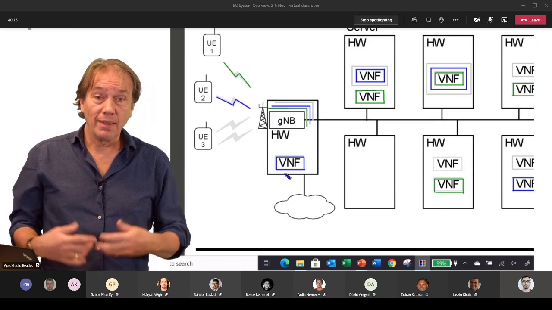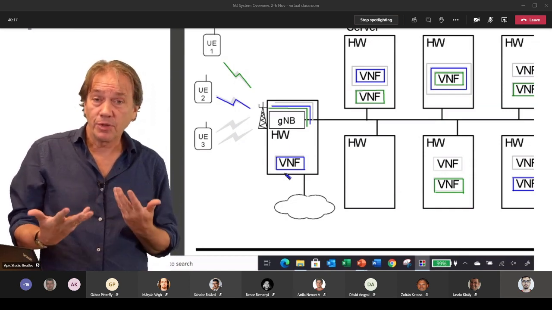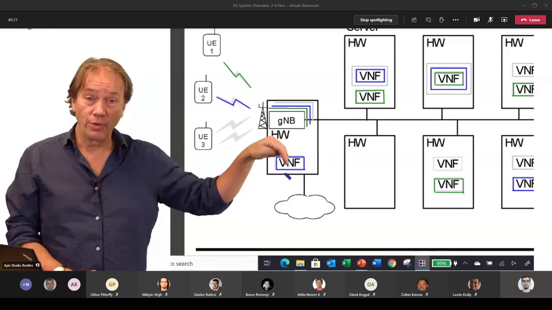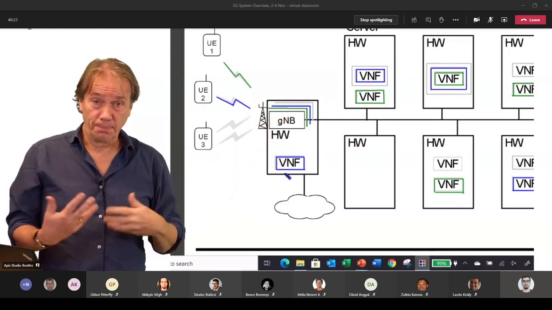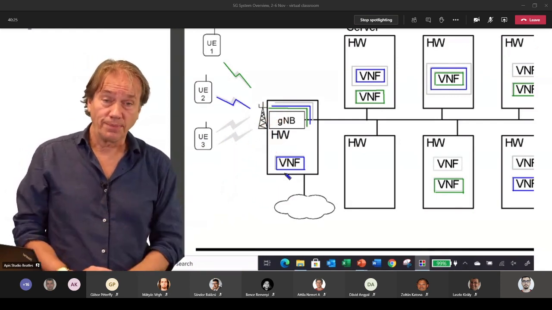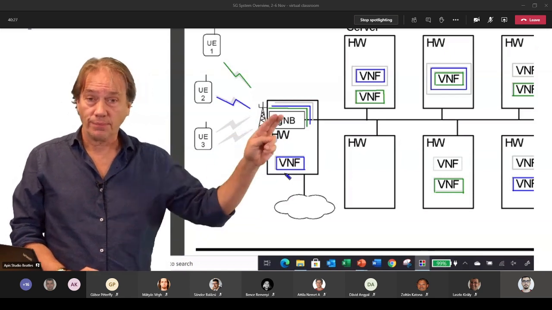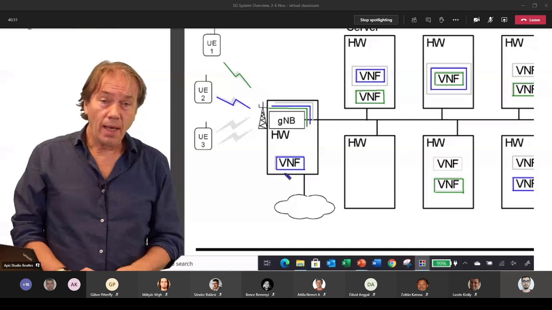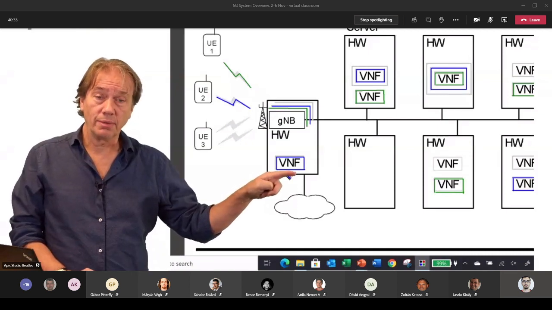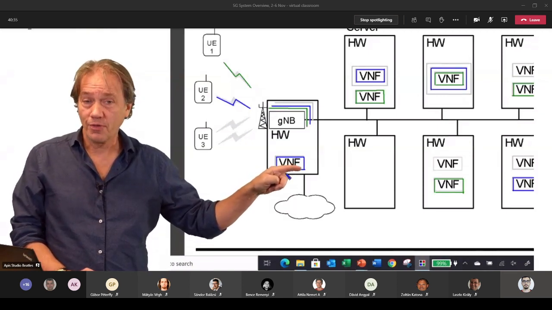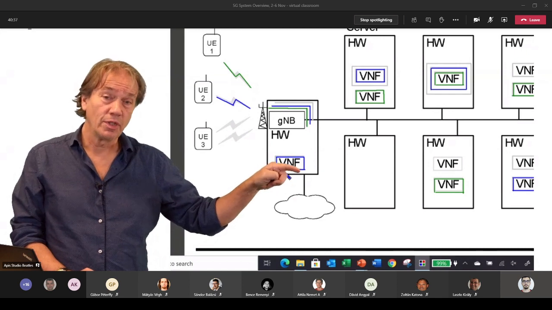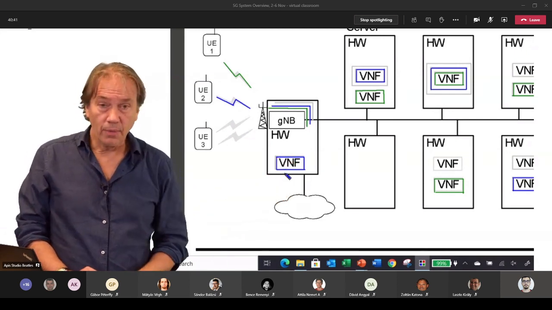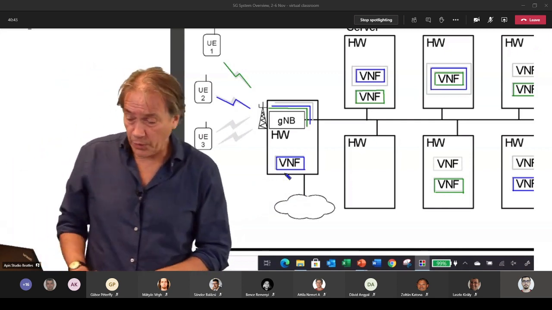Which means that the user plane, the traffic, can be terminated very far out in the network on the RAN site where we have the gNodeB. And from this network function, there is access to a data network, and we can call it data network 3.